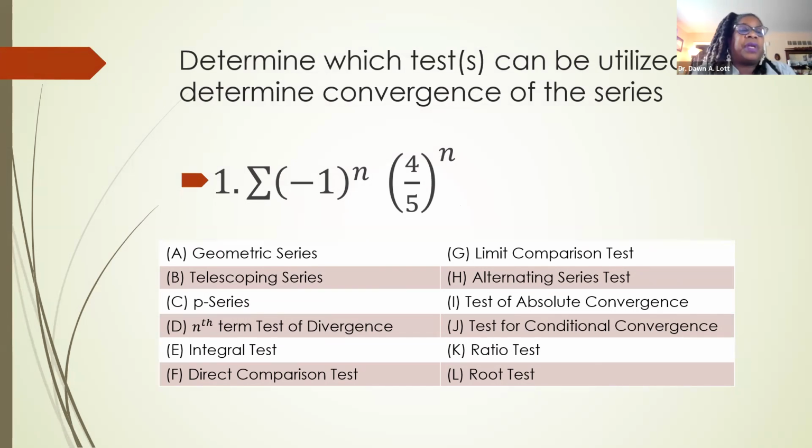If you have to do a direct comparison to another test, you have to write direct comparison and the test that you're also comparing it to. All right, so this is number one. For many of these, you may have more than one test.